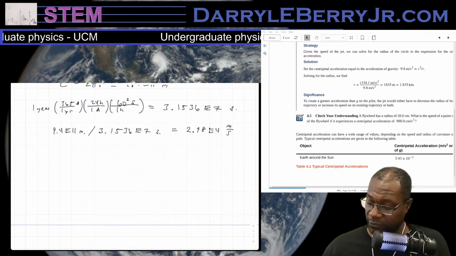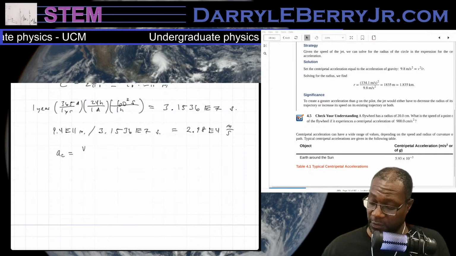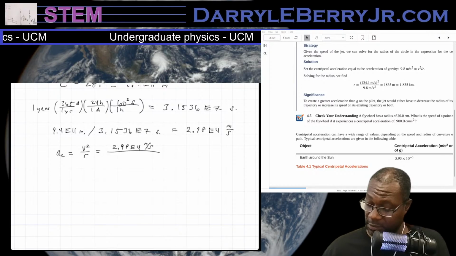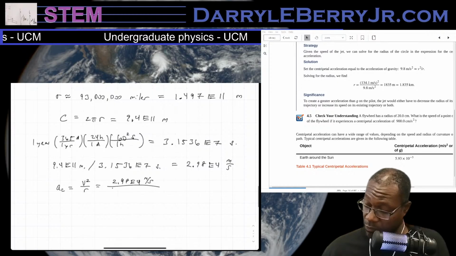So we have a_c equals v squared over r. So that equals 2.98 times 10 to the 4 meters per second, squared, divided by 1.497 times 10 to the 11 meters.